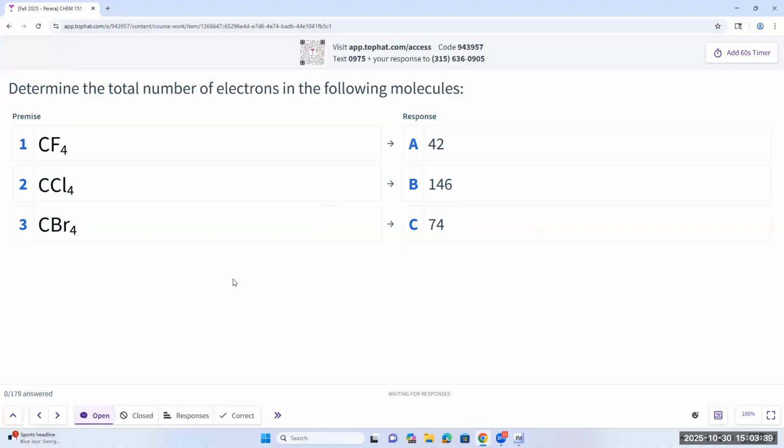So here are 3 molecules. Can you count the electrons in there?